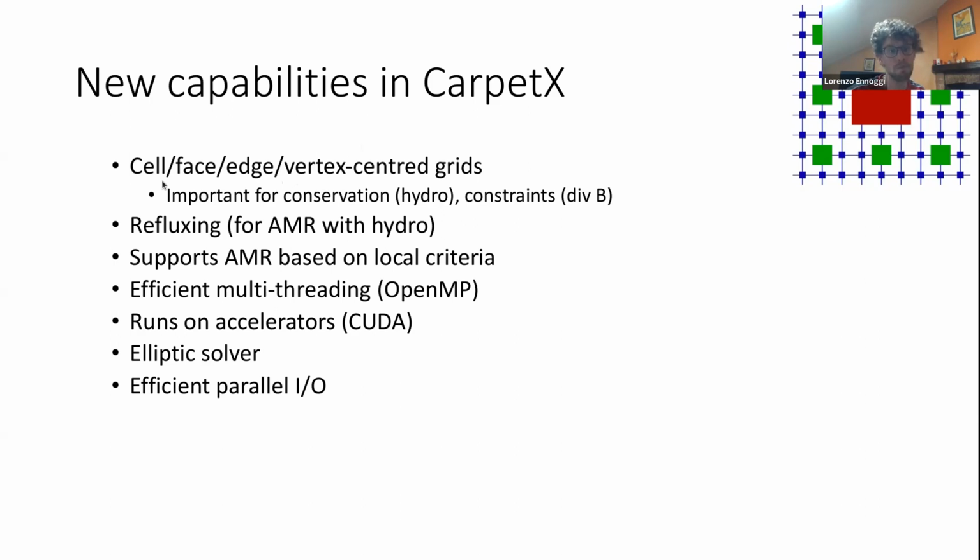You may want to have magnetic fields, and magnetic fields usually live at the faces. And if you evolve Maxwell's equations with a vector potential formulation, you may have the vector potential living on the edges of your numerical cell. So these are all potentially needed, and this is important in order to ensure conservation of, for example, the rest-mass density when you do hydro, or conservation of the constraints, such as the solenoidal constraint.